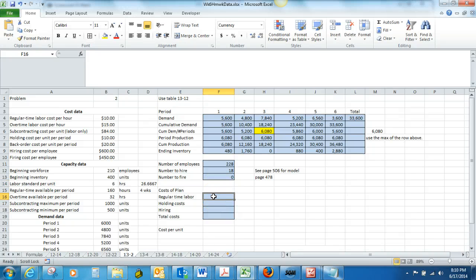and then we're going to figure out all of the labor costs now. So we've got 228 employees, so we're going to multiply that by the regular time pay.